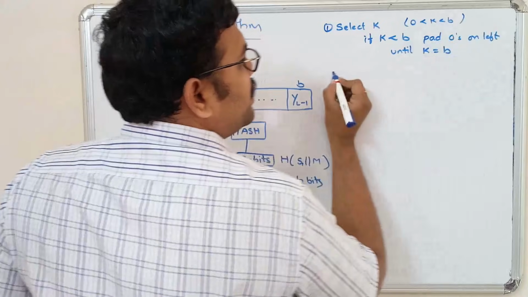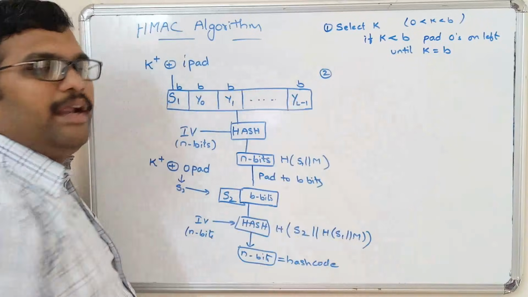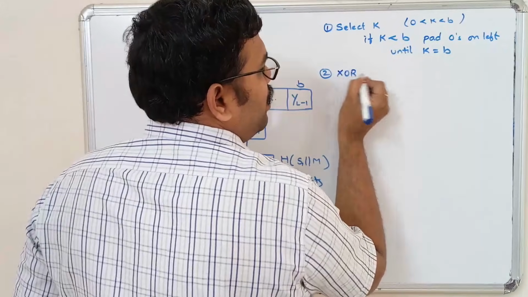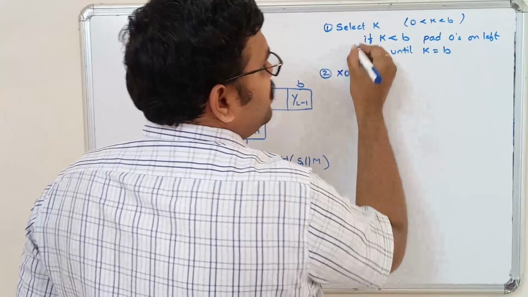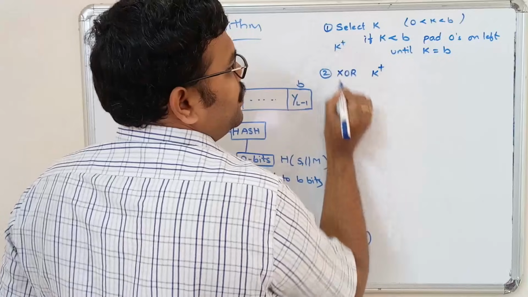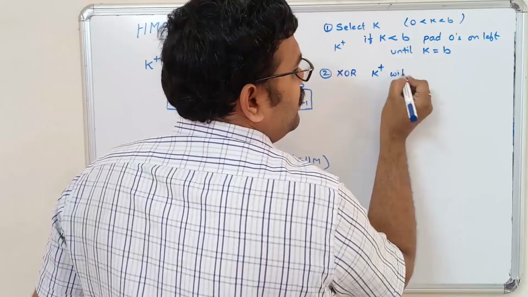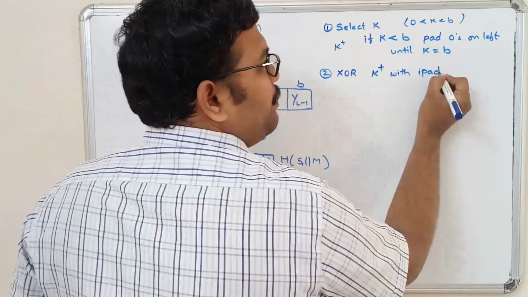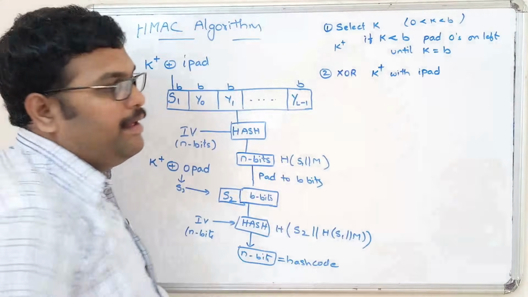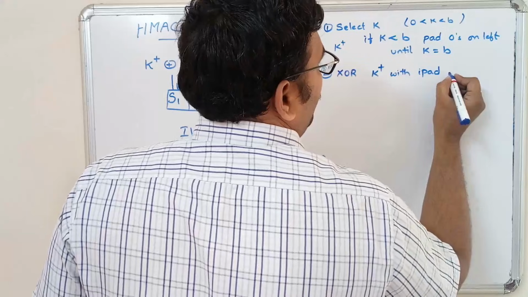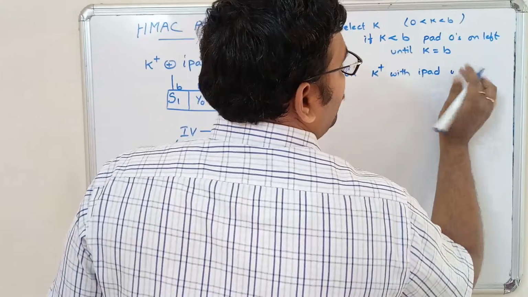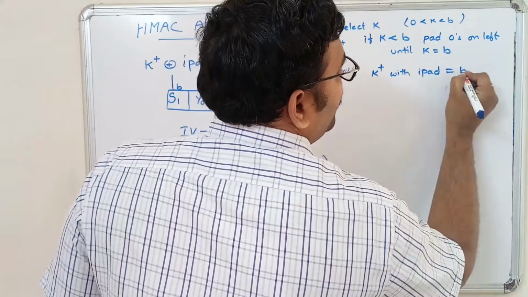So this is the condition, right? Next, so after getting the key, XOR K plus, so this is the K plus, with iPad, K plus with iPad, so that we will get B bits.